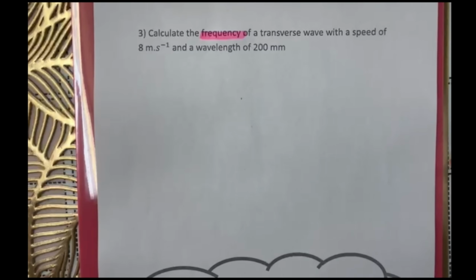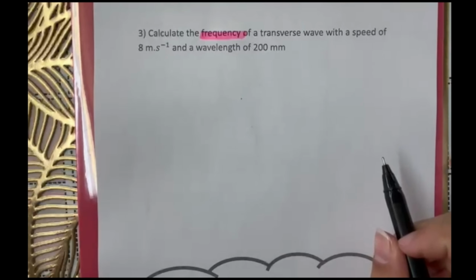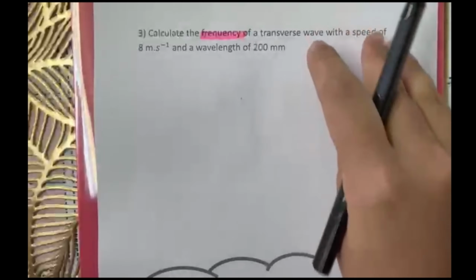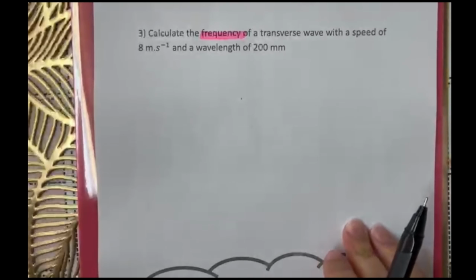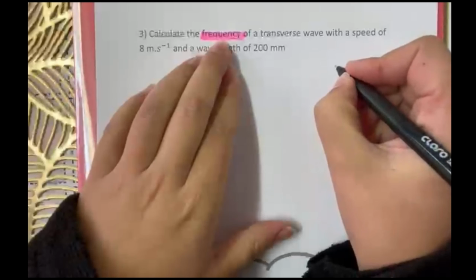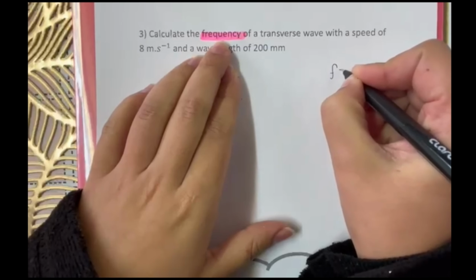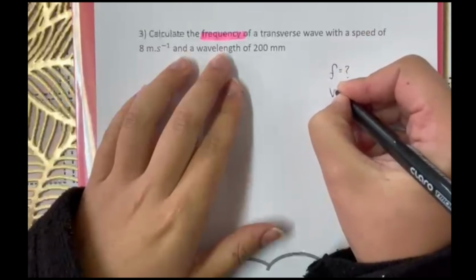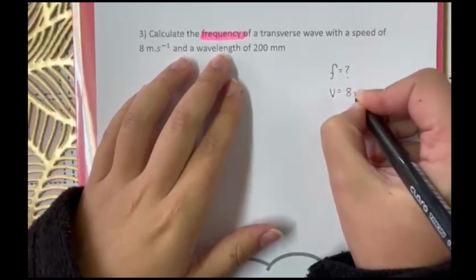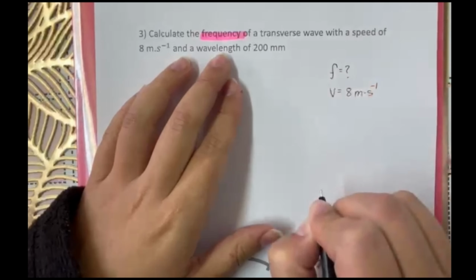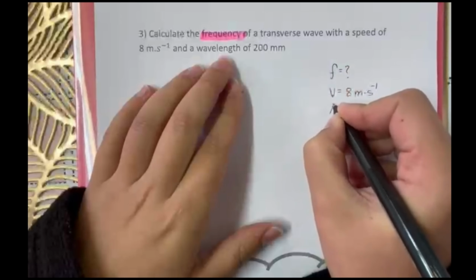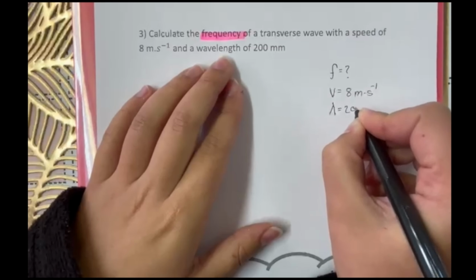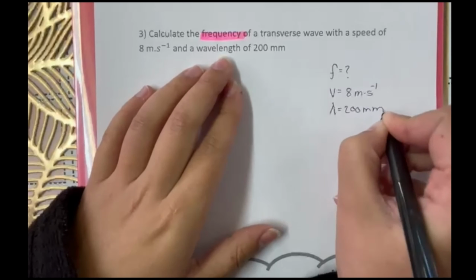So our very first step is we write down what we have and what we need to calculate. So we need to calculate the frequency. But what do we have? We have the speed of the wave as 8 meters per second, and we have the wavelength of 200 millimeters.